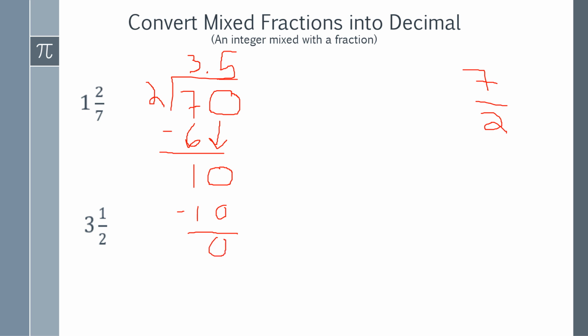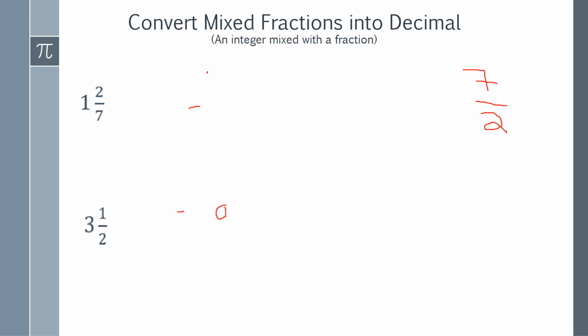And you can stop at this point because 2 goes into 0 0 times. So this is equal to 3.5. So I will put that in there.